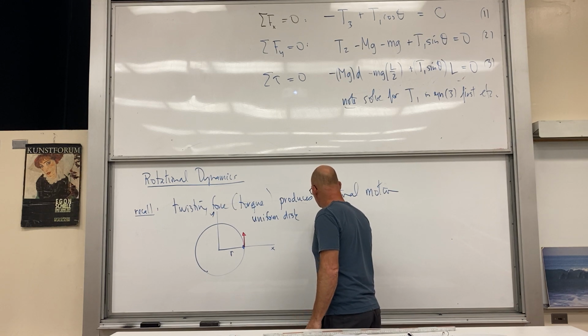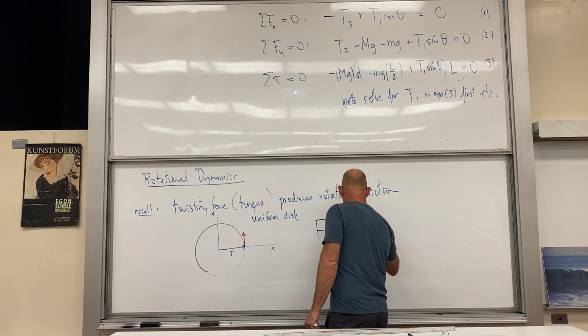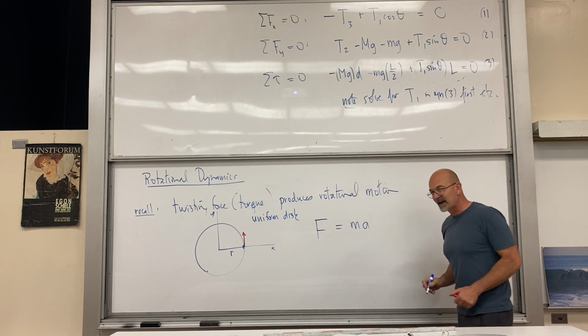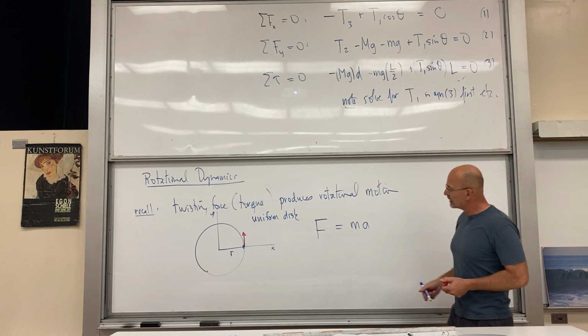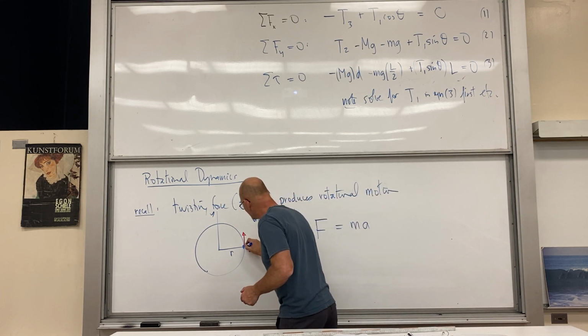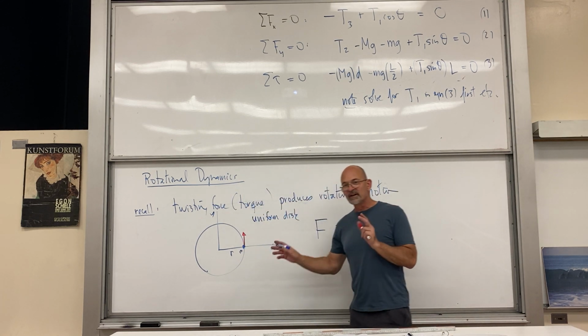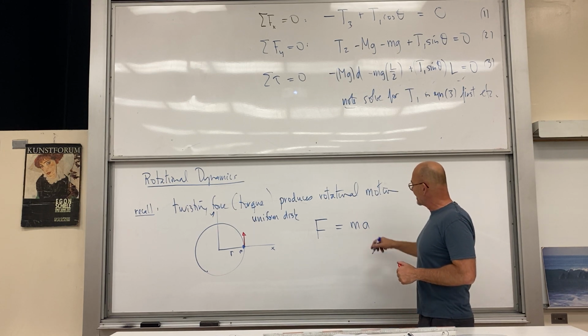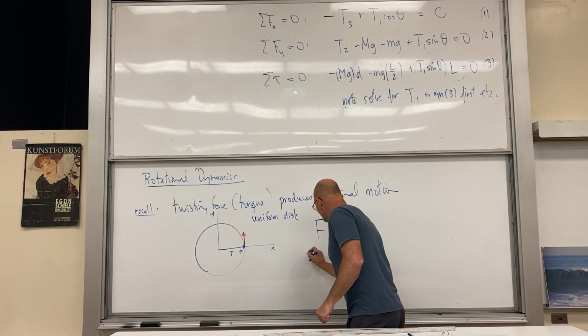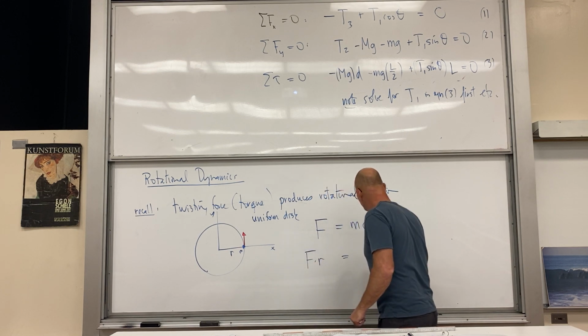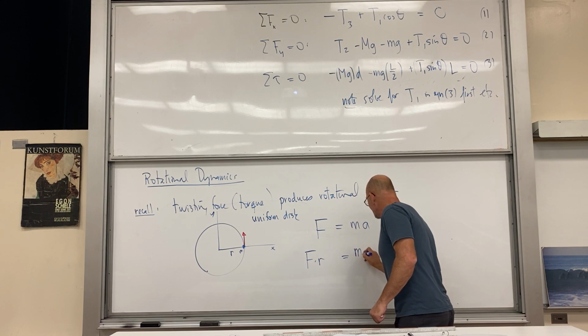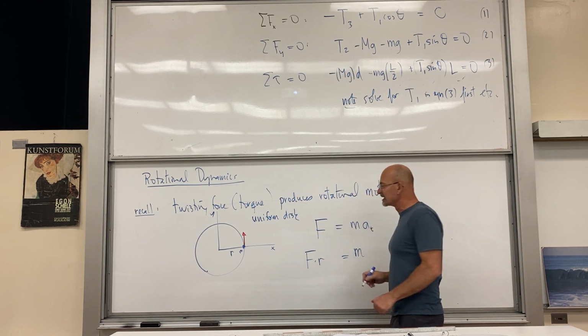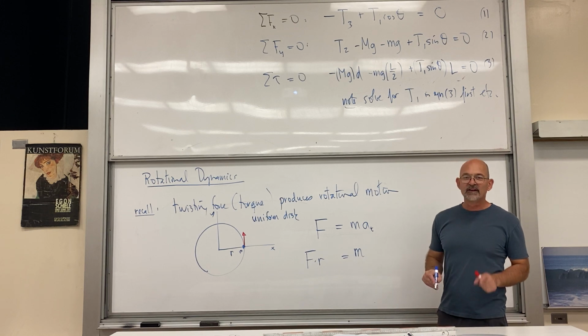So we start with Newton's law, F is equal to mass times acceleration. And we're talking about this little point mass here, the little mass, which is part of the disk. Force is mass times acceleration. Now I'll take this Newton's law and multiply both sides by r. And this is a tangential acceleration. I'm not talking about the centripetal acceleration.